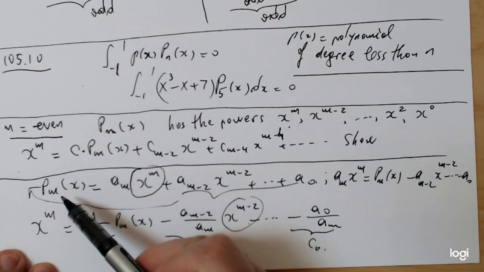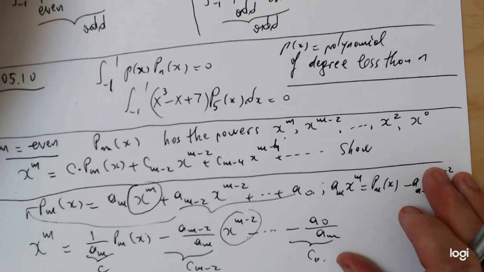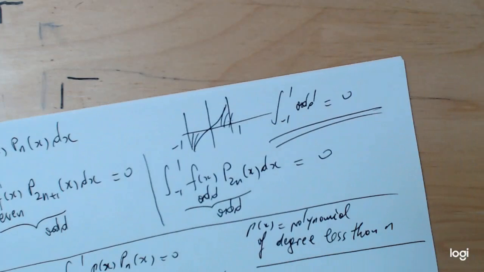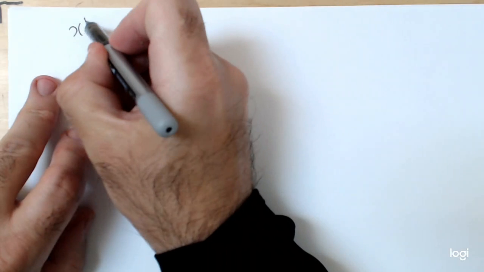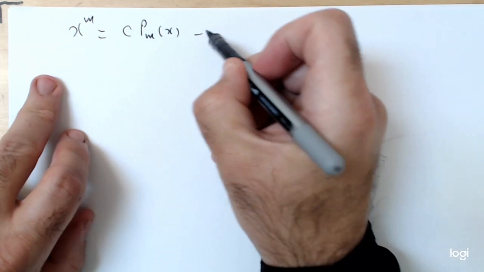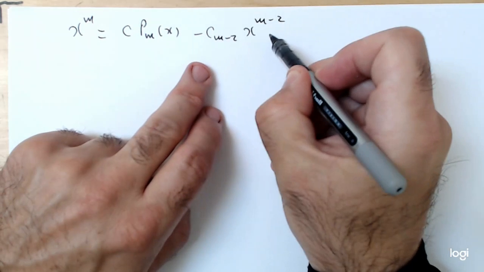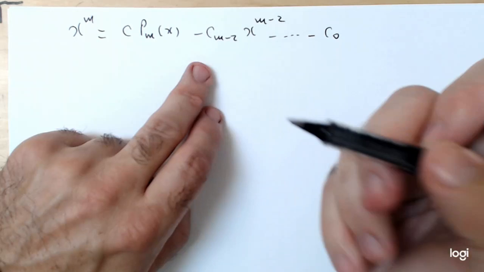So x to the m is a coefficient times P_m. By the same token, let me write it on the next page. So you write x to the m as some coefficient times P_m of x, and then a bunch of coefficients involving lesser powers of x.